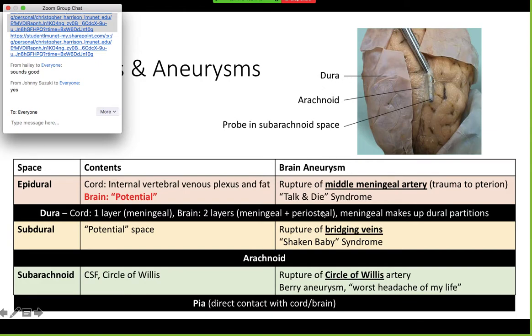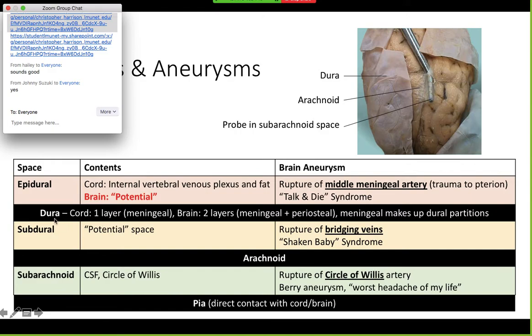And he has a massive epidural hematoma and dies. So that's why they refer to this as talk and die syndrome. And that's associated with a rupture of the middle meningeal artery. So you have trauma to the pterion, and beneath the pterion is this middle meningeal artery, which gets ruptured.